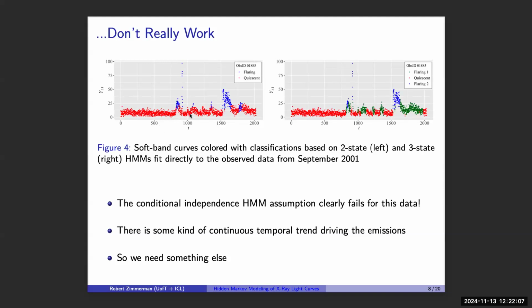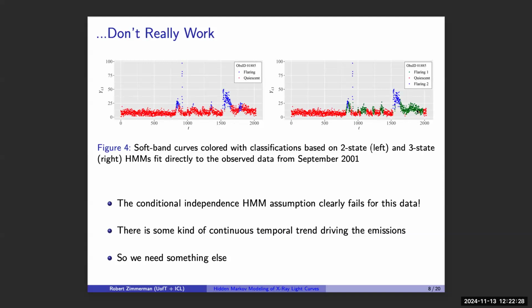And although the flaring state colored these peaks, if we look at the points within each colored peak, these are supposed to be conditionally independent, but clearly they're not. There's a very obvious temporal trend. And similarly if we did a 3-state HMM, same kind of thing.